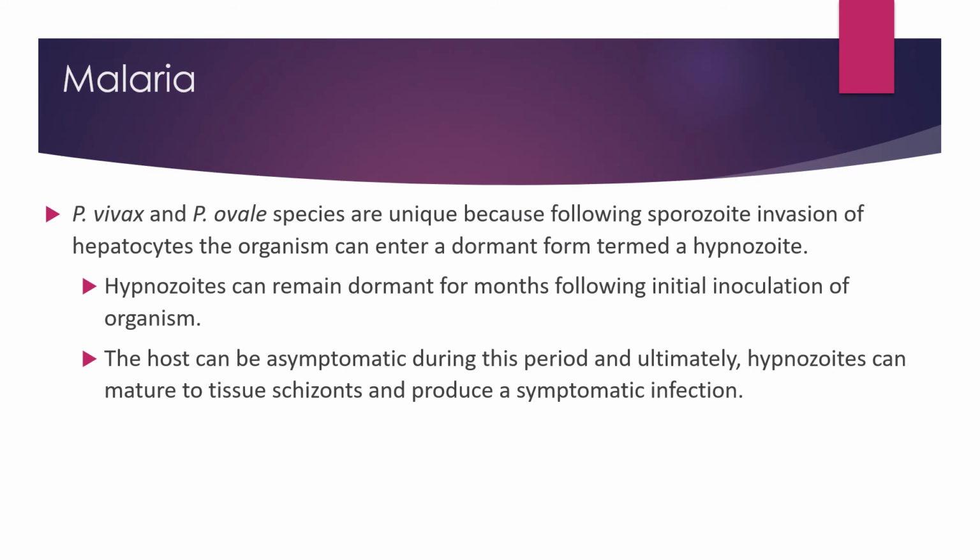The key note is that P. vivax and P. ovale are unique because they have hypnozoites and can be in a dormant phase after infection for months from initial inoculum. Patients can be asymptomatic and then develop symptoms when the hypnozoites mature into tissue schizonts. Incubation is highly variable and likewise depends on the species.